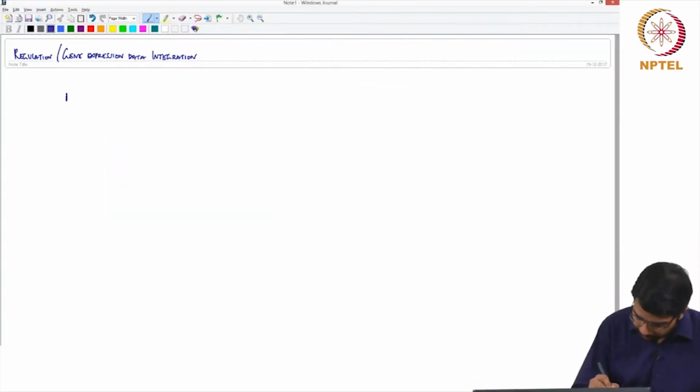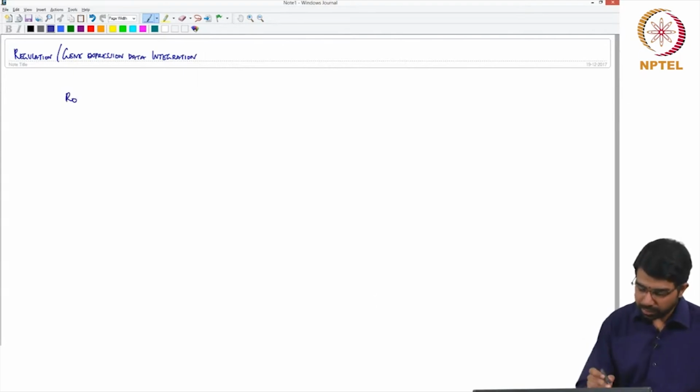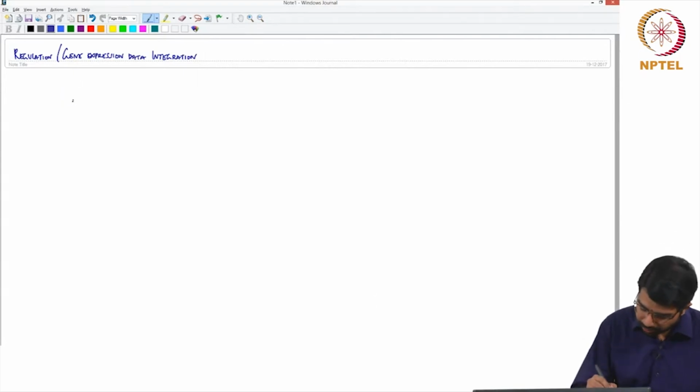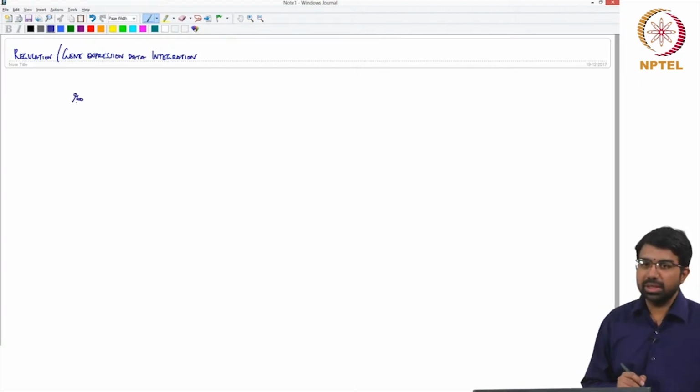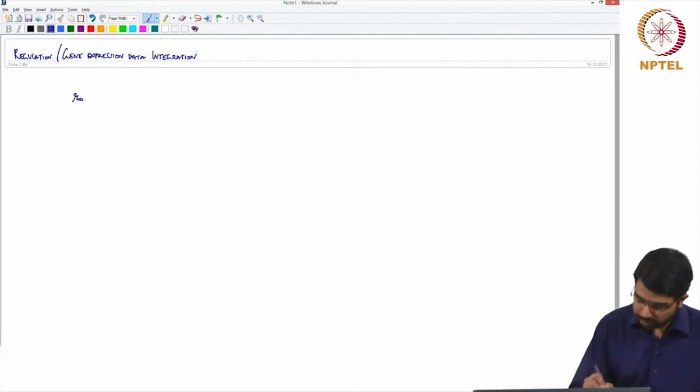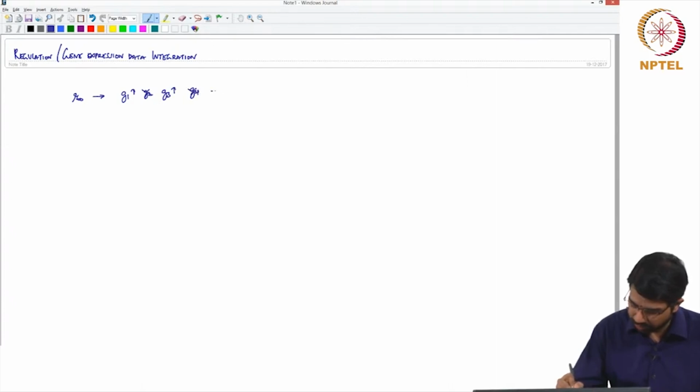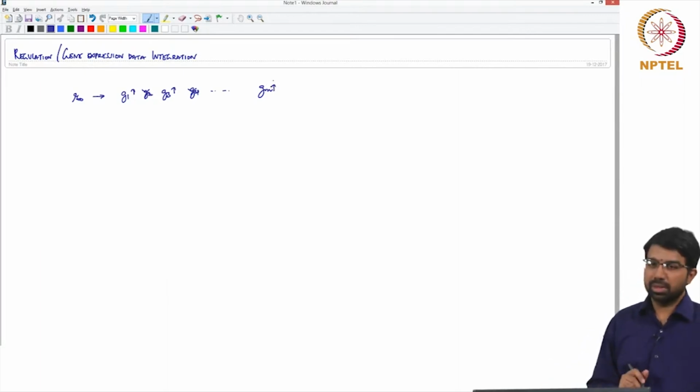Let us say you start with a, maybe I will use a small r, a regulatory state R0. So, this might mean something like G1 is active, G2 is not active, G3 is active, G4 is not active, all the way up till the last gene.